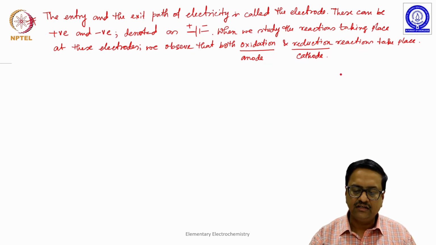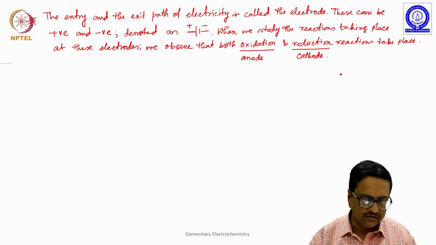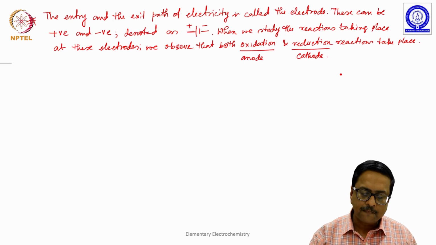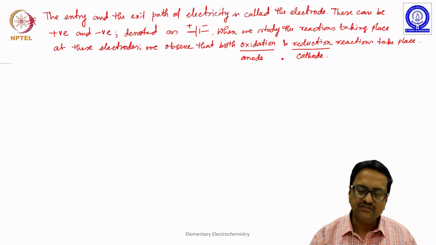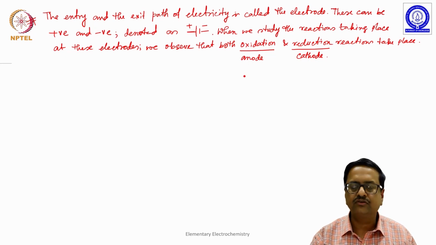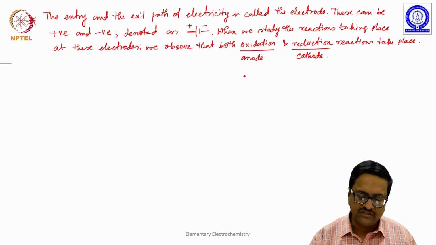You will see during this particular course, in some places the anode is positive and cathode is negative, and in some cases the anode is the negative electrode and cathode is the positive electrode.